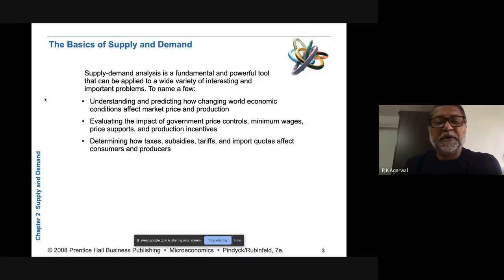And we had given one example of subsidy, and defined subsidy, tariff, taxes, import quotas, etc. in the last class.